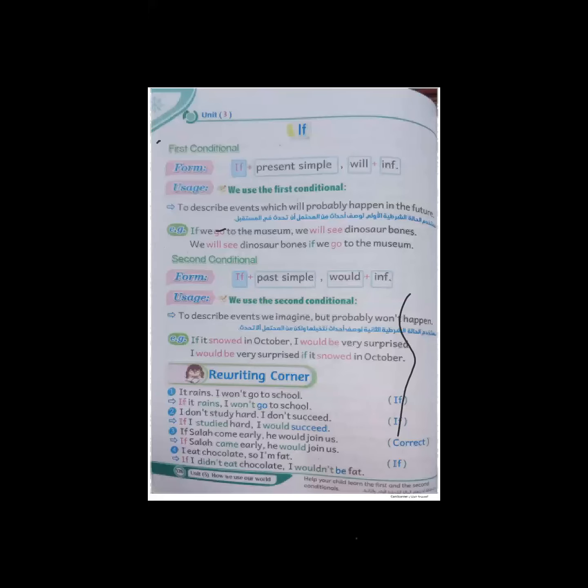Okay, so today we're going to cover if conditionals, if conditional one, the first conditional. We use the first conditional to talk about events which will probably happen in the future. For example, if I have money, I will travel. It means when I have money, I will travel.